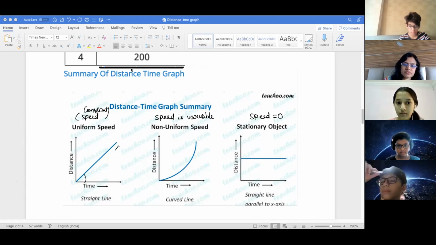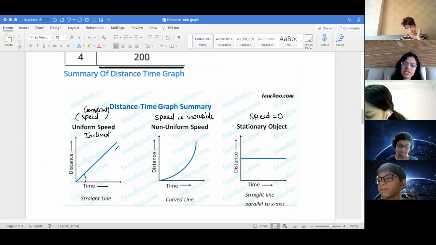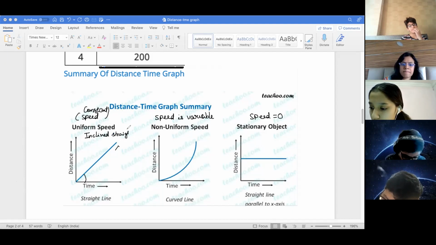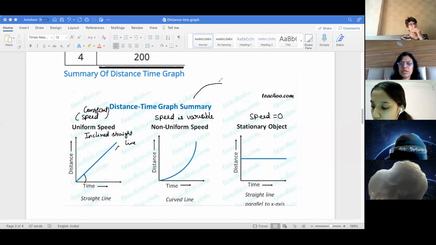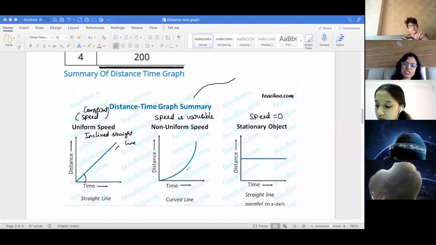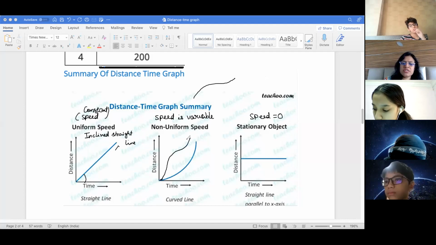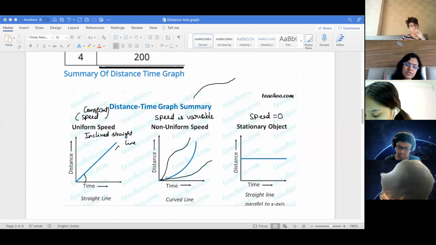Ma'am, in the non-uniform speed, the one which we did in the class, the pattern was not like this. It can be anything. Curved should be there. Okay. It can be like this. It can be like this. Any curve can be there. Okay. It is not a straight line. That's all. It can be like this. Understood? It is a curved line that you should understand.